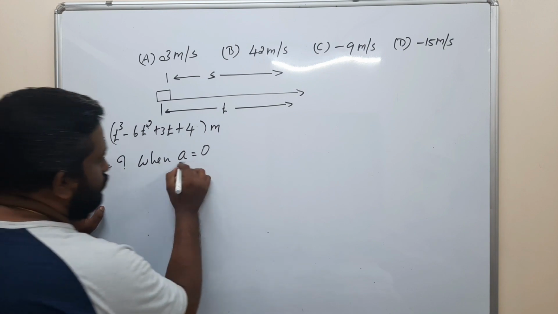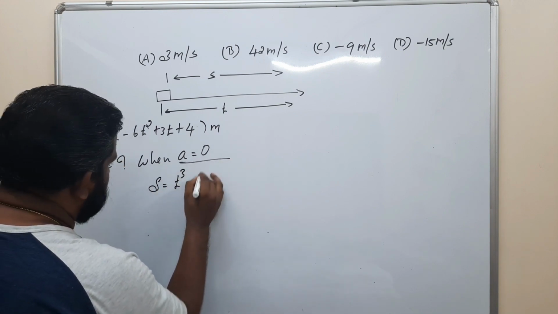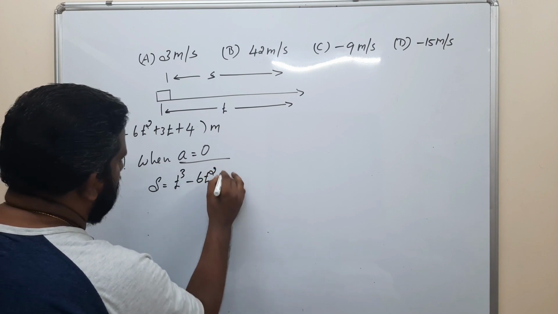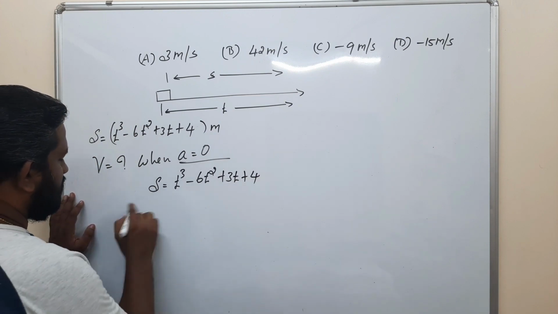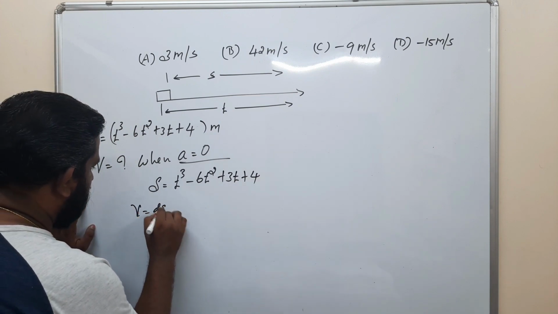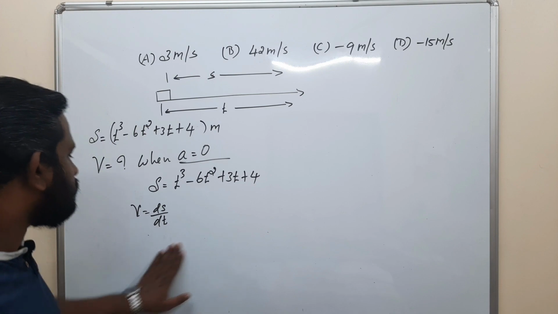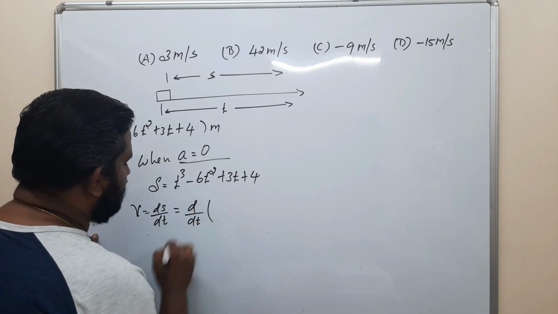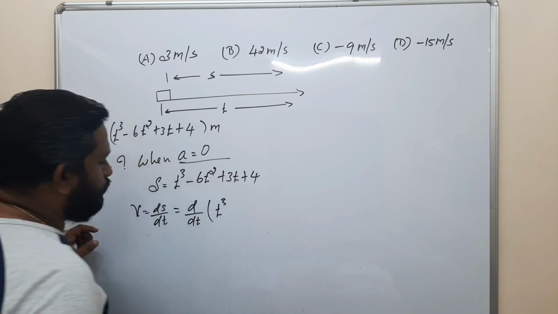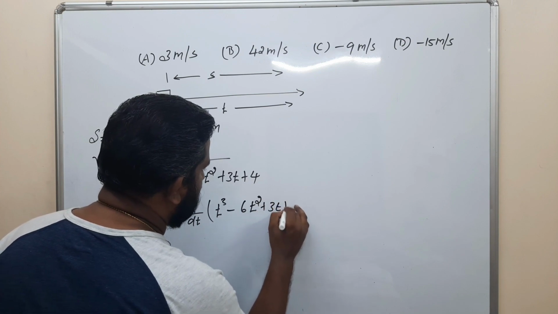Solution: S is equal to t cube minus 6t square plus 3t plus 4. Velocity is equal to ds by dt, the instantaneous velocity. So v is equal to d by dt of t cube minus 6t square plus 3t plus 4.